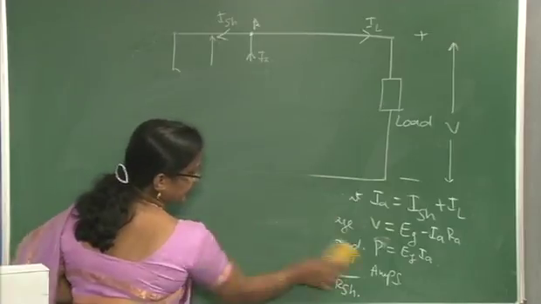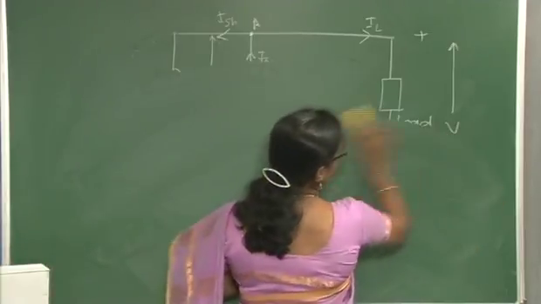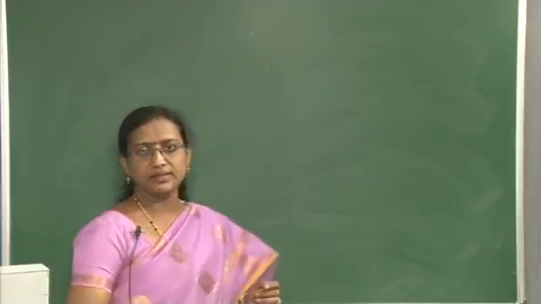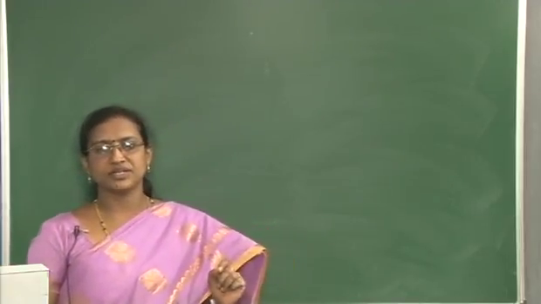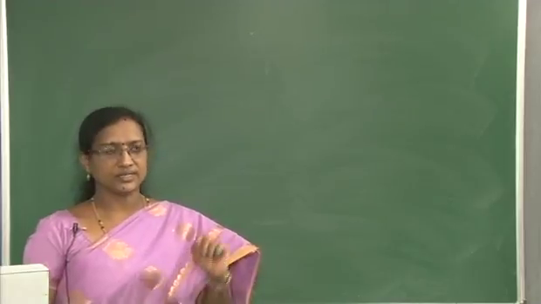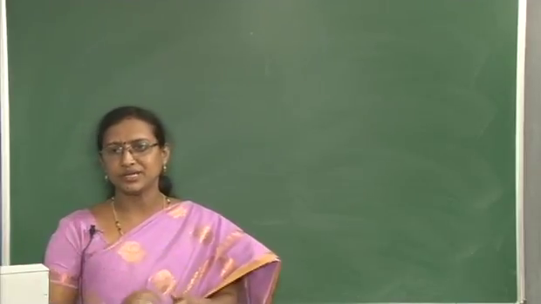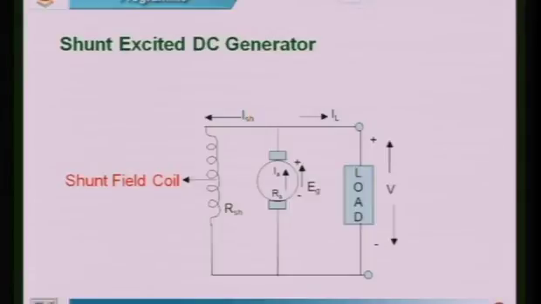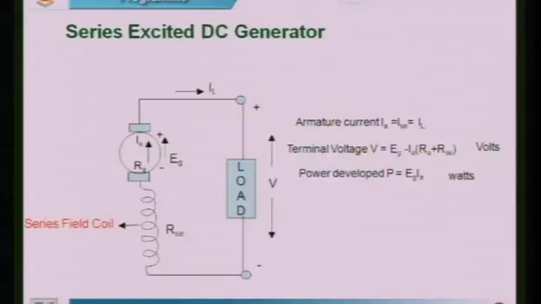Now, you see how exactly we are going to connect the series field. As the name indicates, you have already seen, in case of shunt excited DC generator, the shunt field coil is connected in parallel to the armature. In case of series, observe this, the armature is connected in series with the field coil.